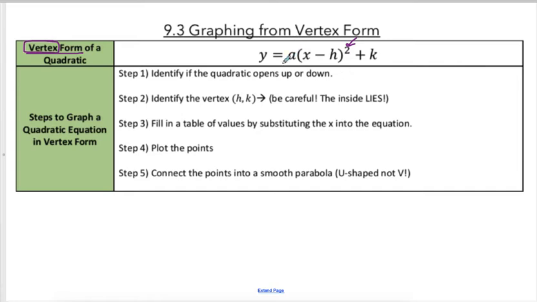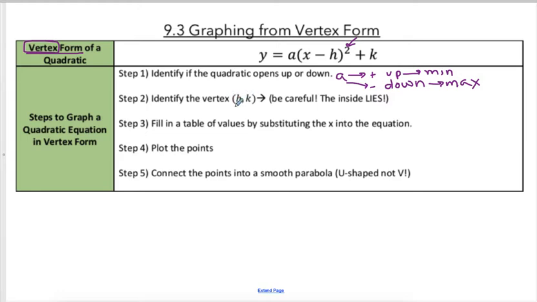So when we use a, identify the quadratic, opens up or down. a is positive, opens up. a is negative, opens down. That has not changed. This still gives me a minimum. This still gives me a maximum. But the new part here is identify the vertex.